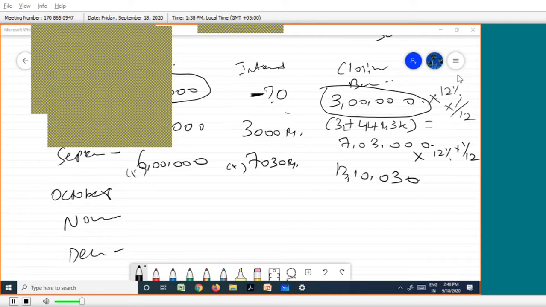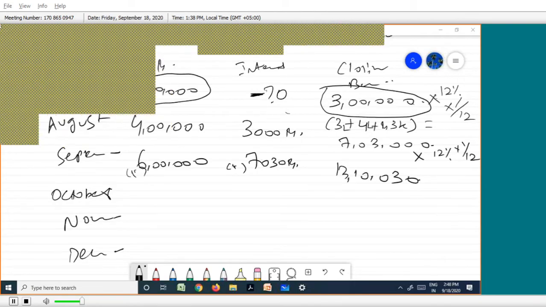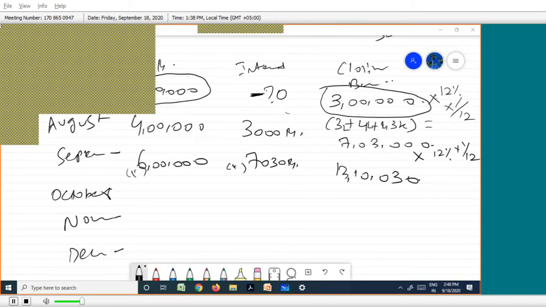That is the interest for the present month. The closing balance: previous month 3 lakh I didn't repay to my banker, this month I utilized 4 lakh rupees, plus 3,000 rupees interest that also I am not going to repay. So cumulative value is 7 lakh 3,000.